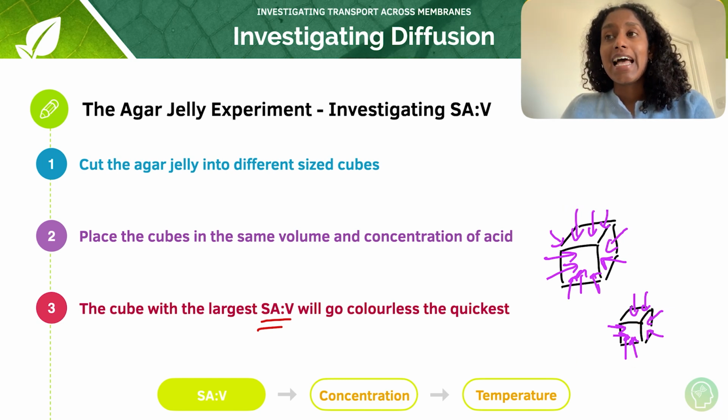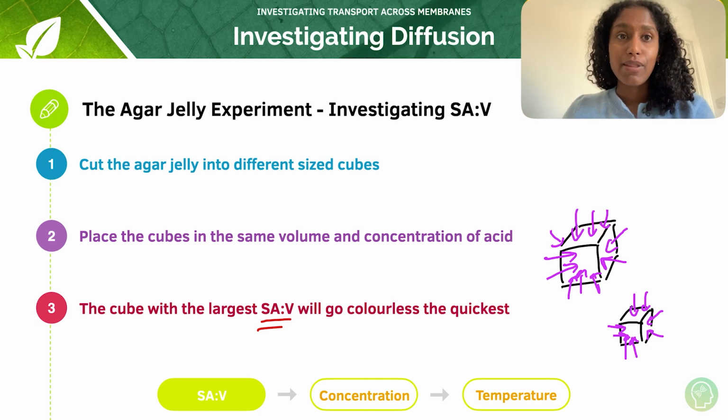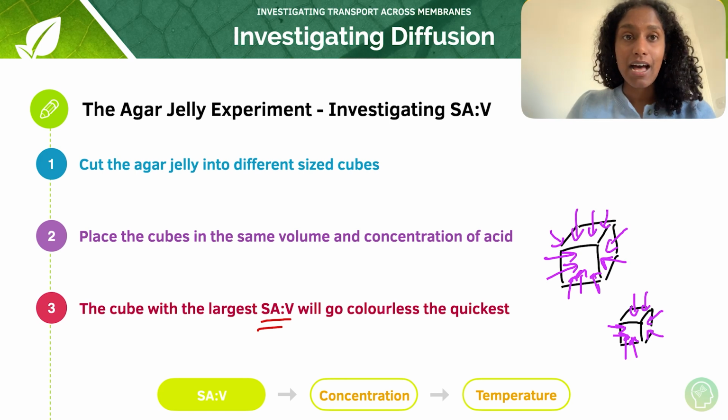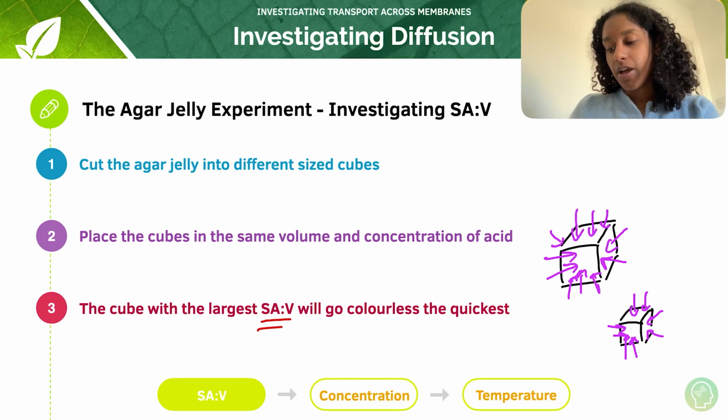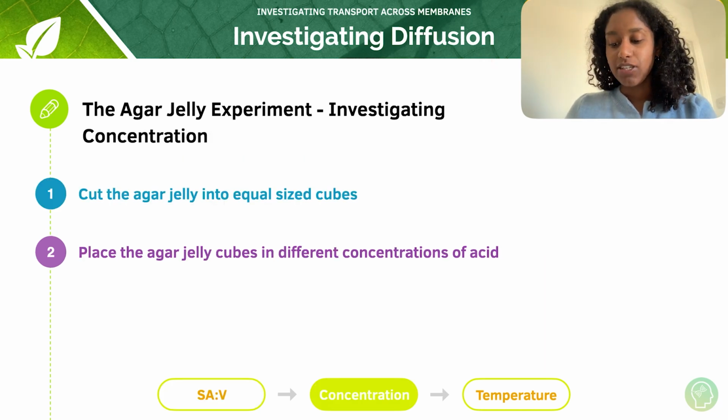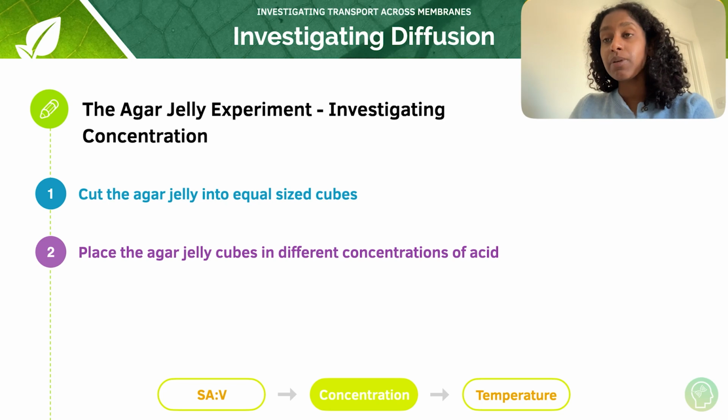So the alkaline jelly is going to be neutralised the fastest by the hydrochloric acid diffusing in. So that's quite neat. So that's how we investigate how varying surface area to volume ratio affects the rate of diffusion.